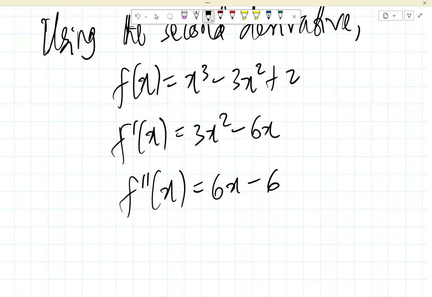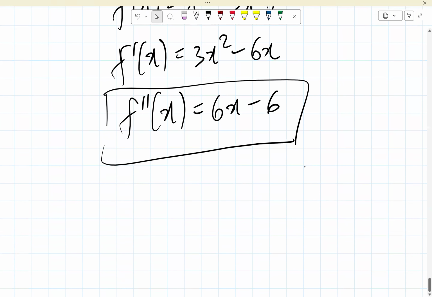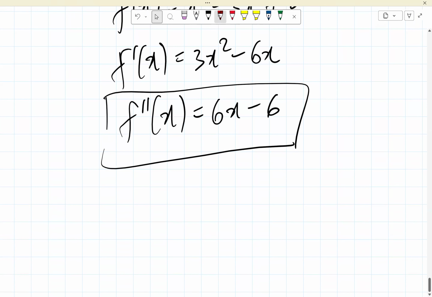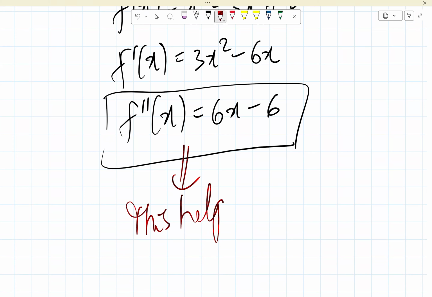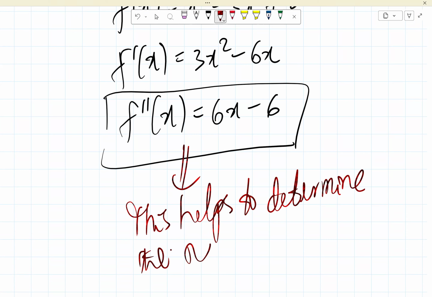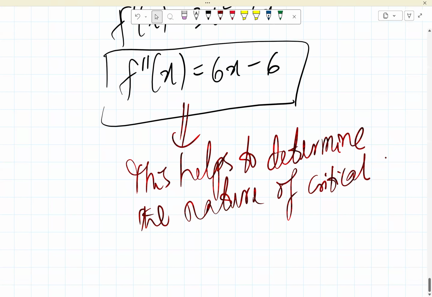So this second derivative now helps us to determine the nature of critical points. By nature, I mean which point is minimum, which point is maximum, or whether it's a saddle point.